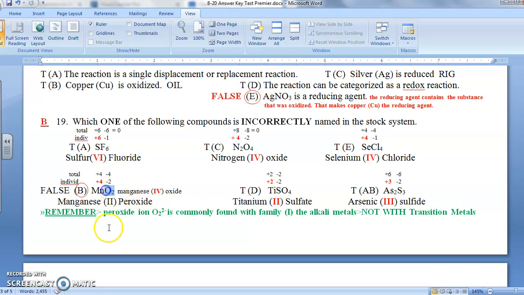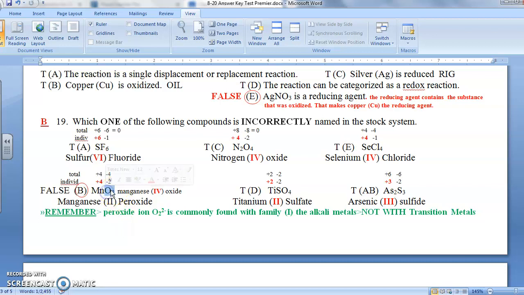Is this the peroxide ion? Well, first of all, the peroxide ion is almost never with the transition metal. It's with alkali metals. It can't be the peroxide ion. How do I know that? Well, let's start adding it up. Would it be manganese 2 peroxide anyway? Well, let's find it out.